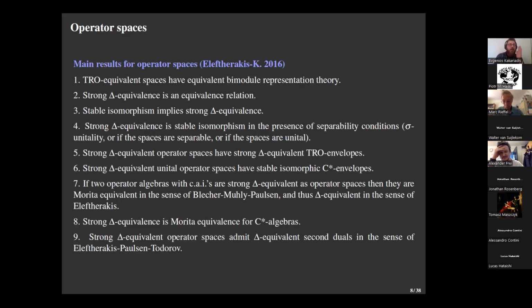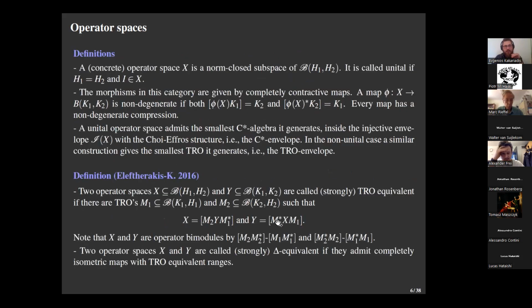So TRO equivalence would mean relations concretely. You have X and Y concretely represented, and you have the relations happening there, with the product making sense. Okay. And delta equivalent would be that X and Y have some completely isometric images in some spaces, and their images are TRO equivalent.